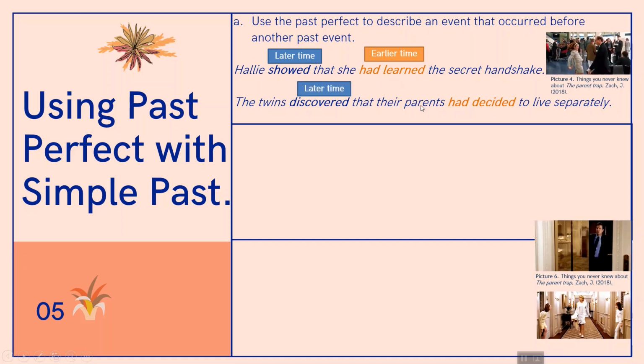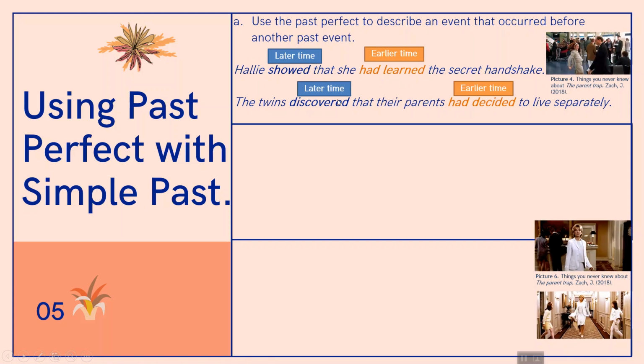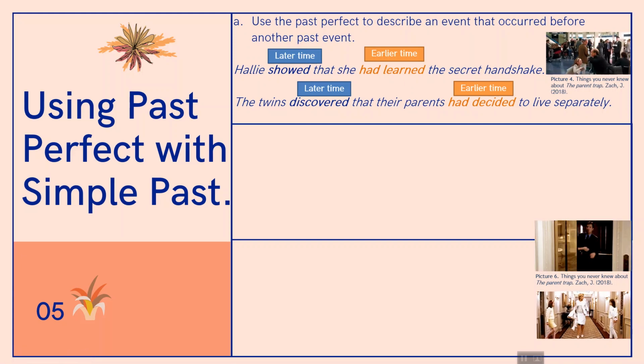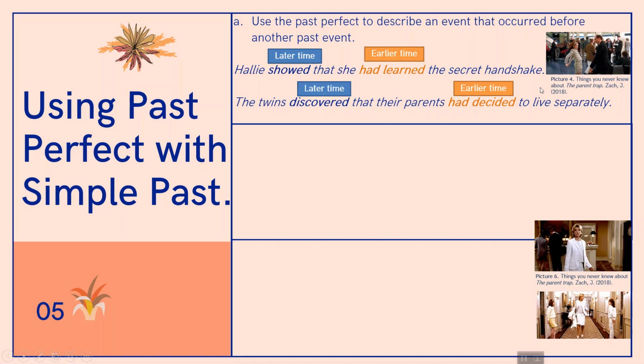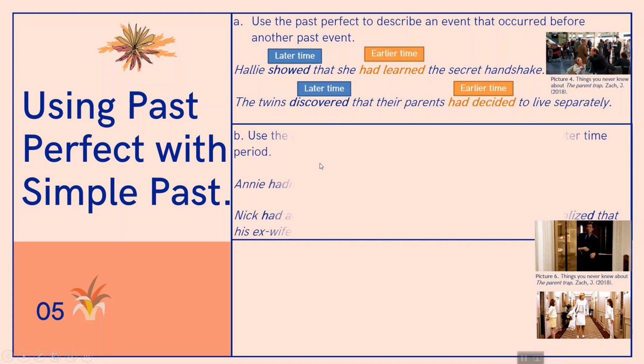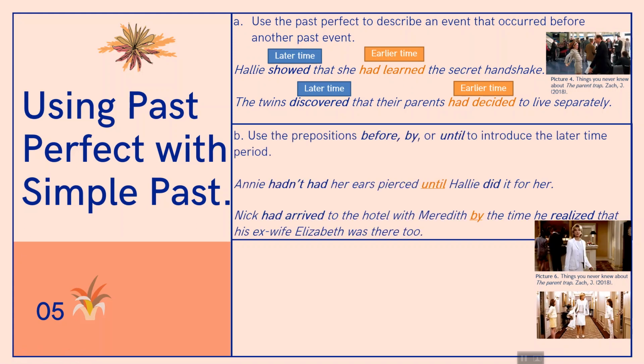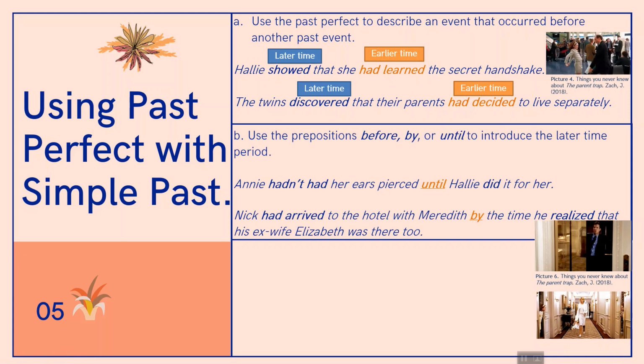Look at this other example. The twins discovered. So this is the later event. Their parents had decided. So their parents decided first to live separately. This is the earlier time. Then, later, the twins discovered that. That is the later event. Now, remember that we can use prepositions like before, by, or until to introduce the later time period.